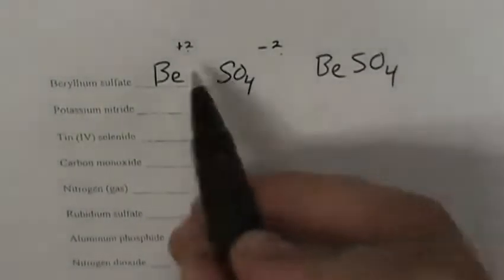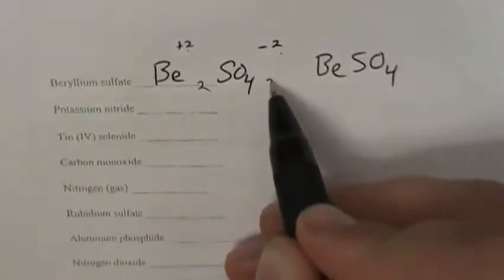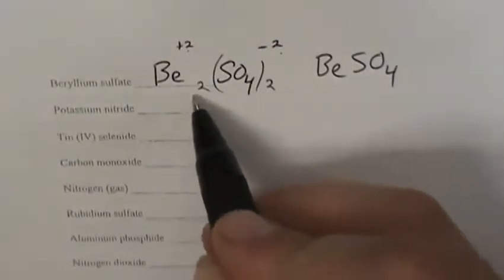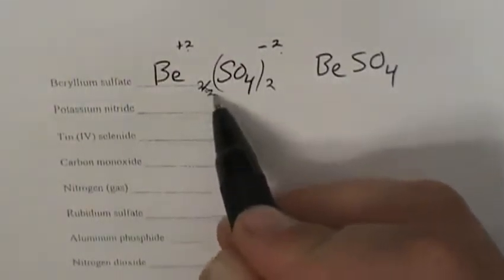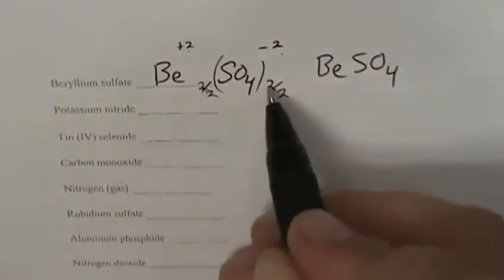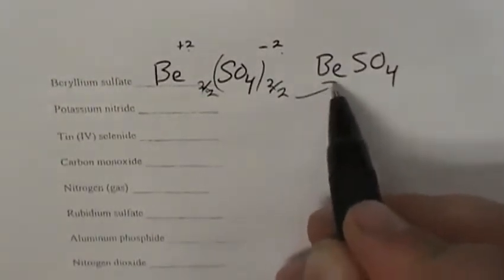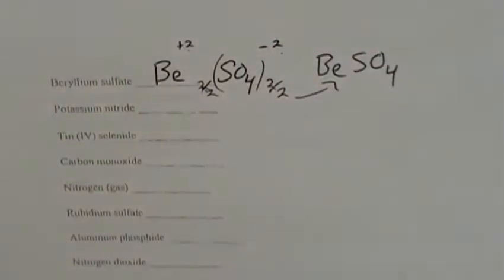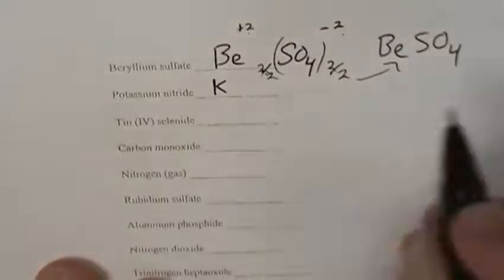If you did do the swap and drop, you would wind up with a 2 here, a 2 here, and then you would simplify the 2's by dividing by 2, because they have that in common, and you would still wind up at BeSO4.